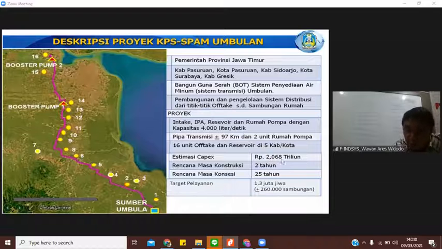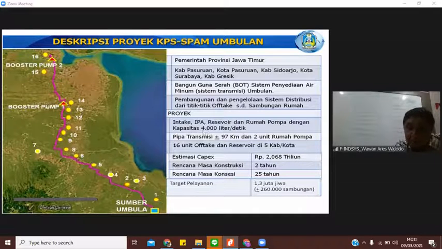The project here costs 2 trillion rupiah. I think something is confusing, something with a comma, something with a point. In English the comma equals 1,000, but because this is in bahasa, this is 2.068 trillion.